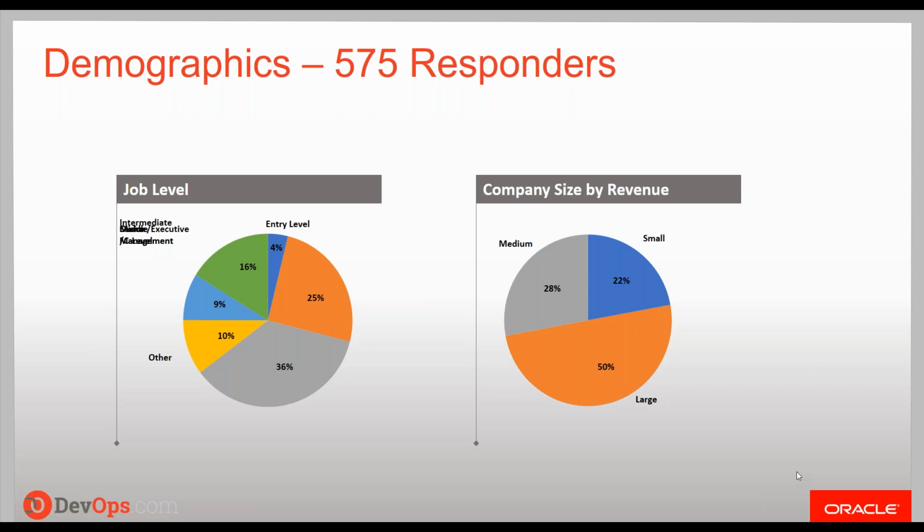In terms of job level, again, it's weighted towards management, both senior and middle management. If you add up all of the owner, executive, senior, and middle management, you'll see that it's a super majority of respondents. So I think we've got some real decision makers here.